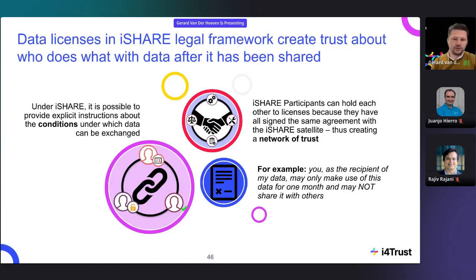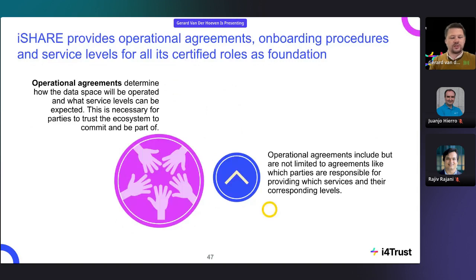So you're always in control, but with legal certainty that nothing else can be done by participants on the other side with the data that you're sharing. It's a key element to data sharing, and that license structure is what the legal framework and the licensing library bring.